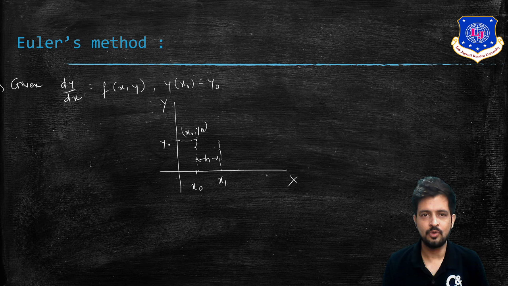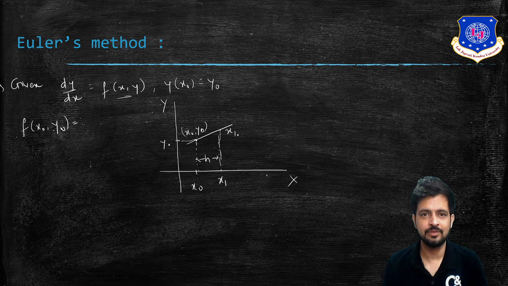From this point we have to draw a tangent. The slope of the tangent will be dy by dx, so we can say the slope of the tangent is f of x comma y. But at point x0 y0, the slope of the tangent can be written as f of x0 y0.